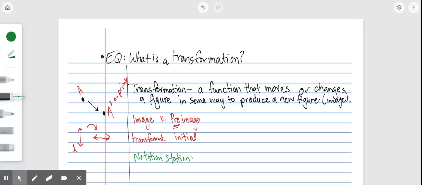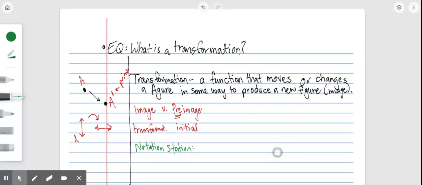Okay. When you're naming an image and a pre-image, the pre-image is named with the points and the lines or whatever, like A, B. And then the image has primes attached to it. A prime, B prime, with the line over the top.